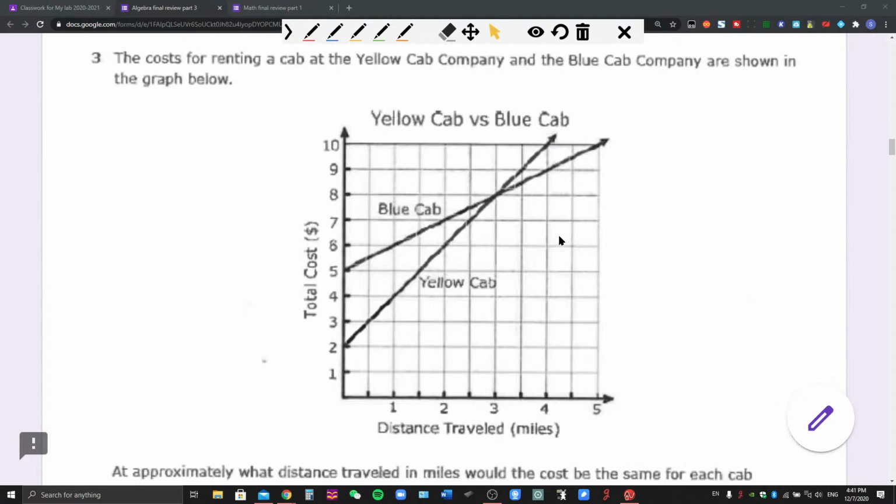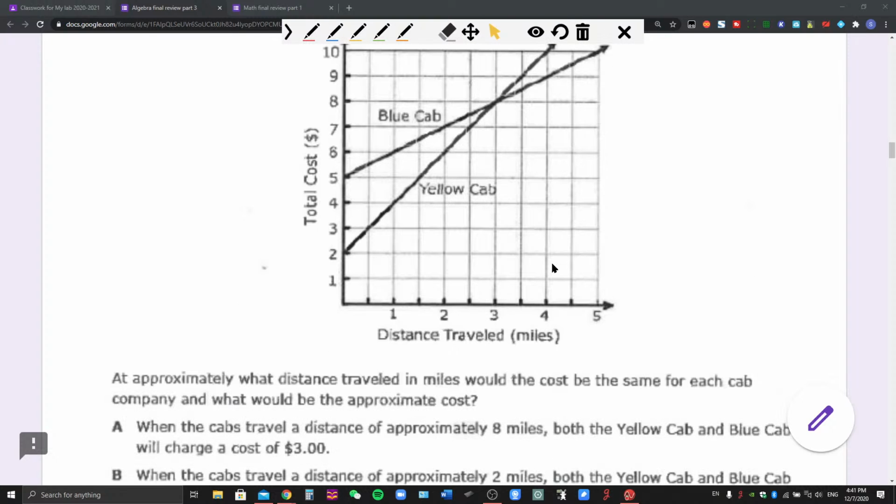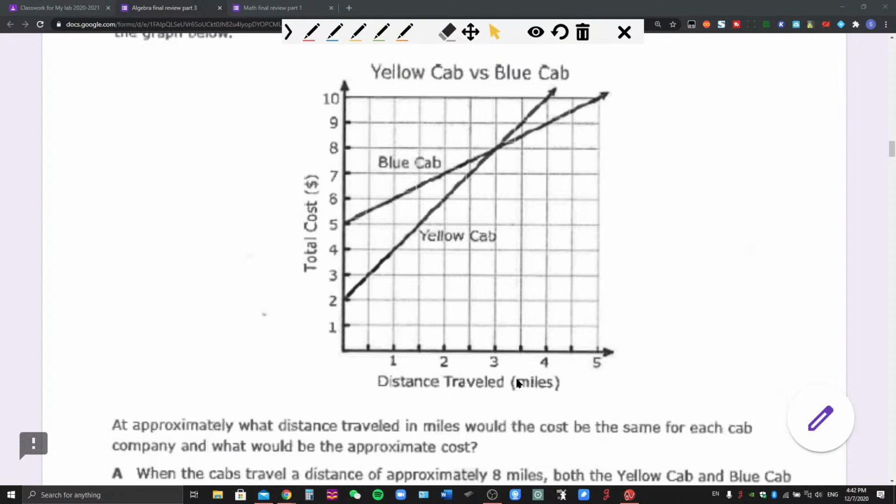Question 3. The costs for renting a cab at the yellow cab company and the blue cab company are shown in the graph below. Yellow and blue, two lines. This graph shows us distance traveled in miles versus the total cost. So this looks more like a pricing chart.